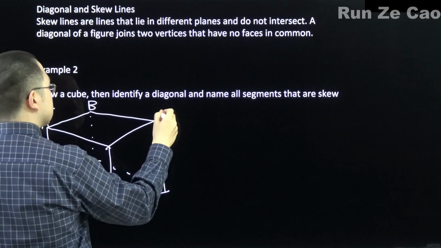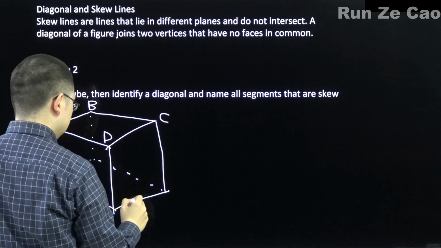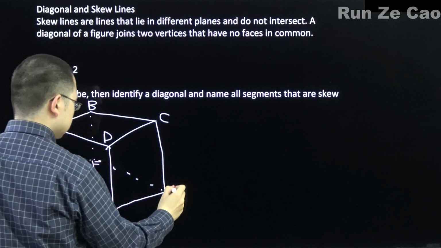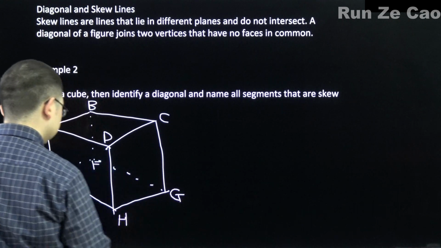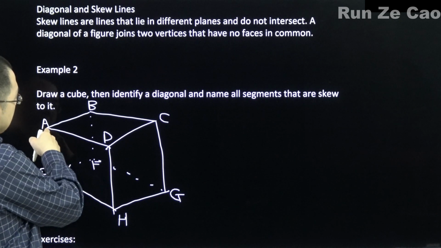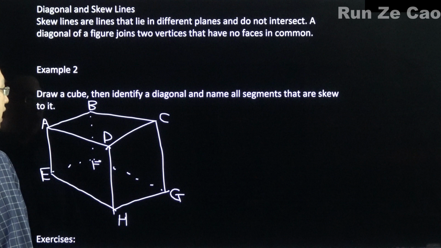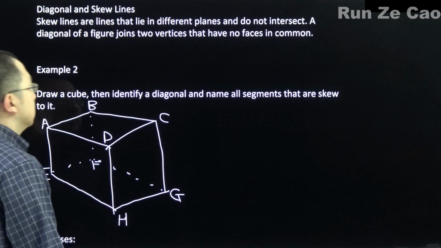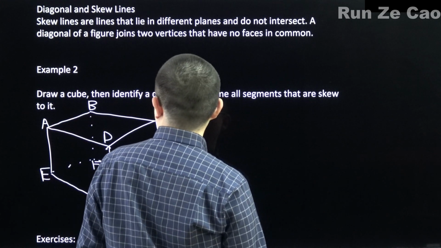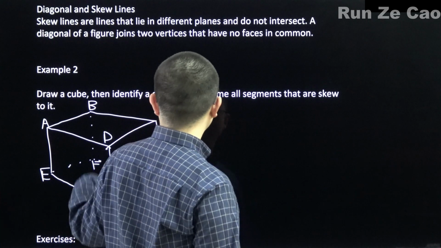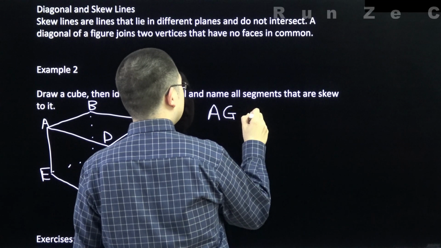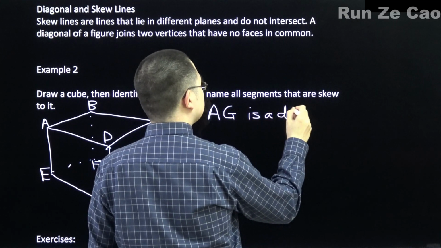A, B, C, D, E, F, G, H. Identify a diagonal. Well, from point A, you can only go to point G as a diagonal. Because point A touches these three faces, and those three faces touch every other point except G. AG is a diagonal.